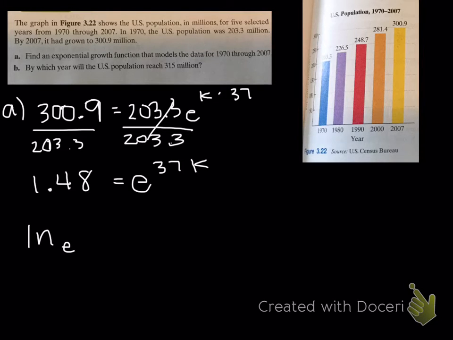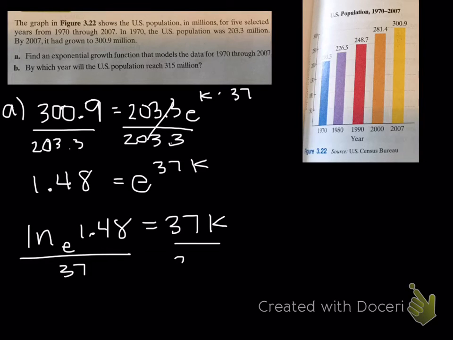So I have ln base e of 1.48 equals 37k. And then we would divide both sides by 37. So you would find what natural log of 1.48 is, divide that by 37. And we get K is equal to 0.011. We'll again use 3 decimal places for our K value.